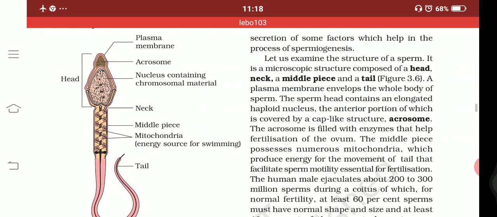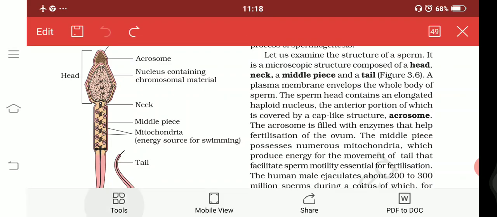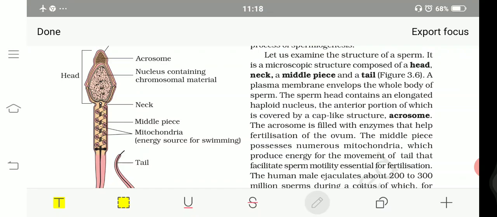You are going to see that this structure carries a very important significance, because the complete structure helps you understand how a sperm has the capability to move from one organism and enter into another individual's body for fertilization. What does this mean? It means that whatever structure we see will help us in defining and explaining how this structure helps the sperm move from the male's body into the female's body in such a way that it can easily provoke fertilization.